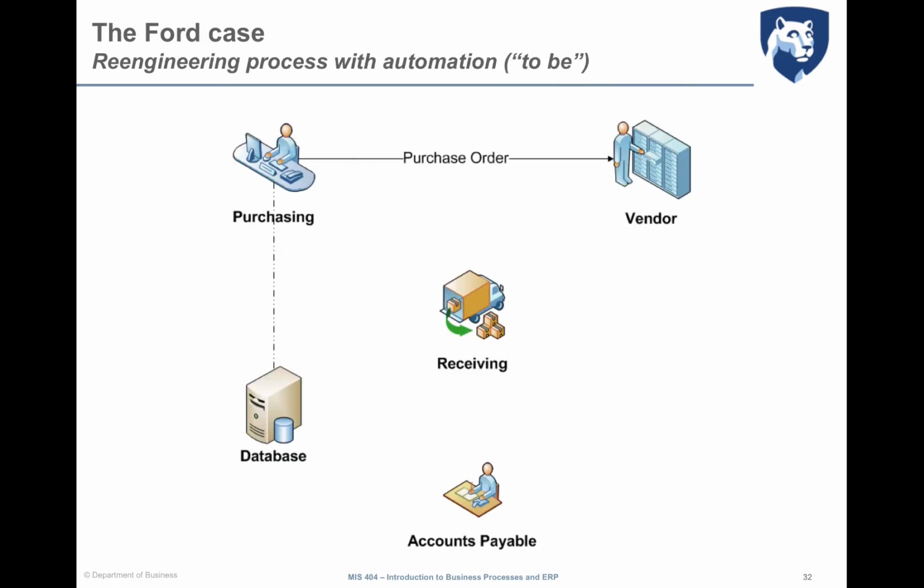So, with this idea in mind, Ford decided to completely re-engineer the process. In particular, when a purchase order was issued, the first thing to be done by procurement people was to insert this information in a database, so in an enterprise system.